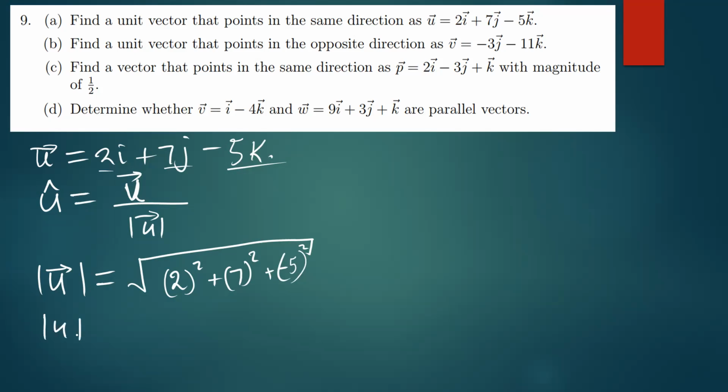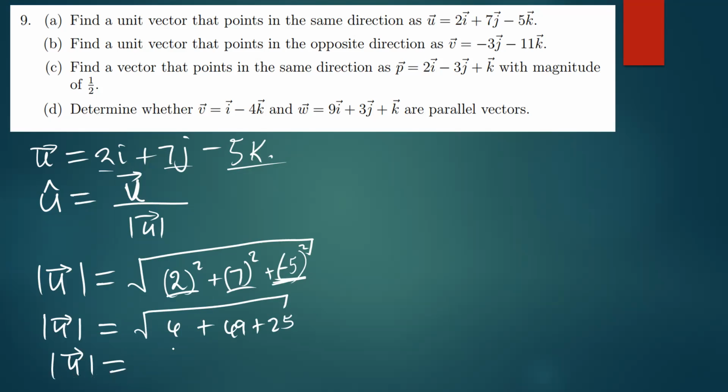So the magnitude of u is going to be equal to the square root of, 2 squared gives us 4, 7 squared gives us 49, and negative 5 squared gives us 25. So 4 plus 49 gives us 53, and 53 plus 25 gives us 78.